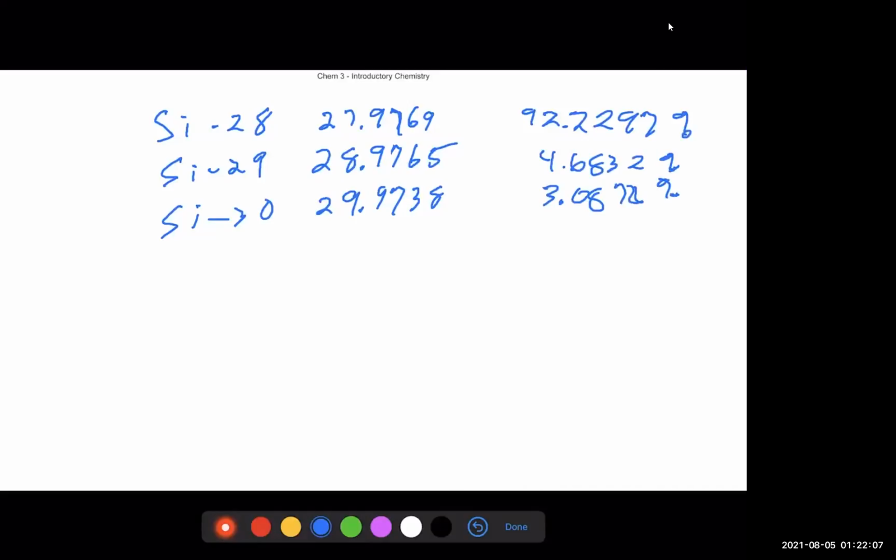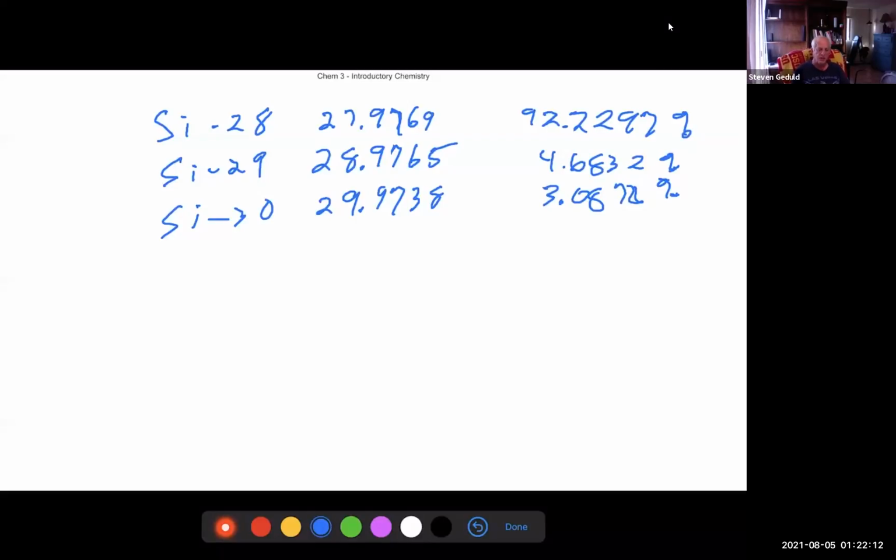So now you've got the mass of each one and the percentage in nature. You take the fractional amount of each isotope, multiply by its mass, and then add those together.